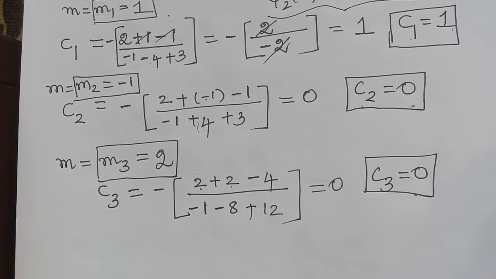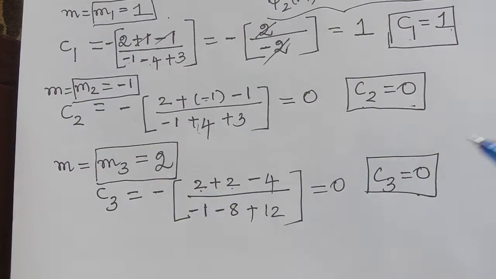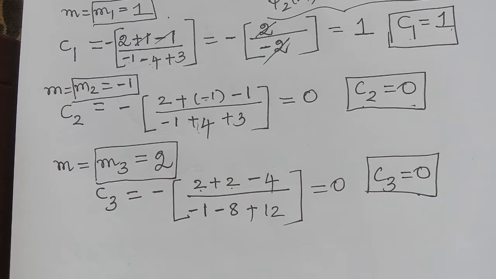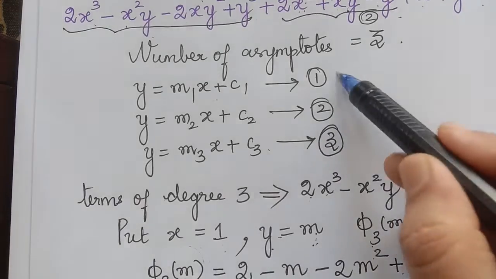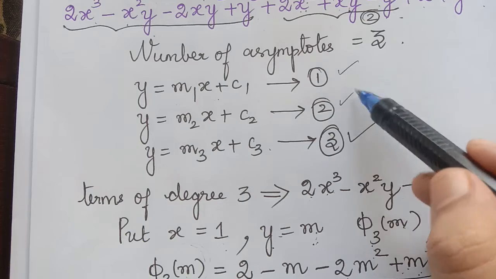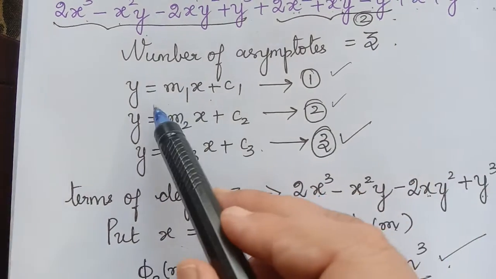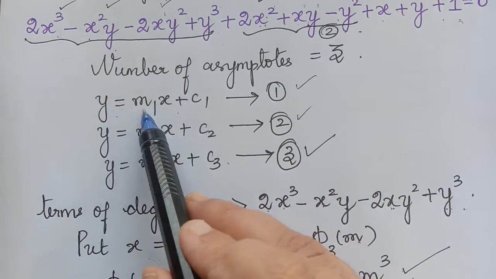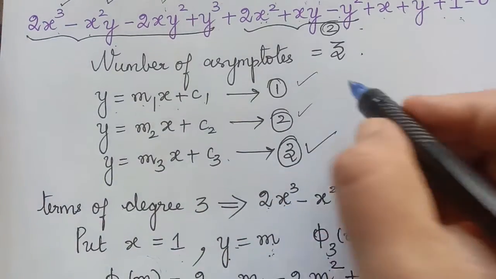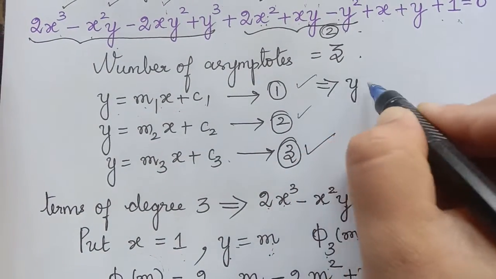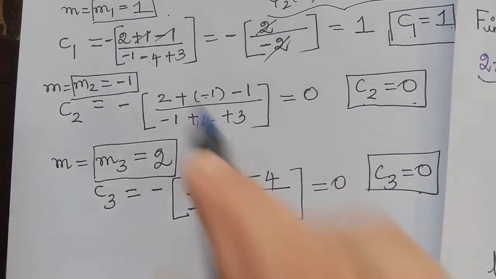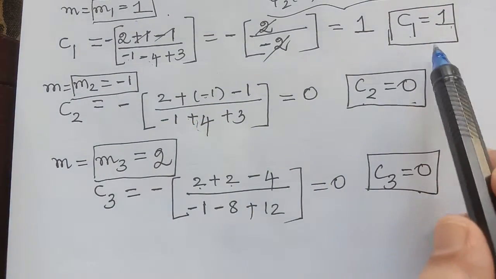Now using these values and substituting these values in our equations 1, 2 and 3, we will get all three asymptotes. Now first asymptote will be y equal to m1x plus c1. So what you will get, you will have y equal to, what is m1? The value of m1 is 1, and what is the corresponding value of c1?